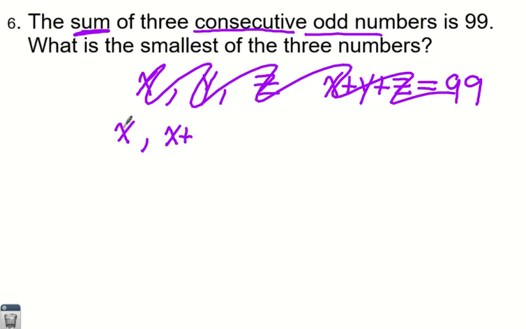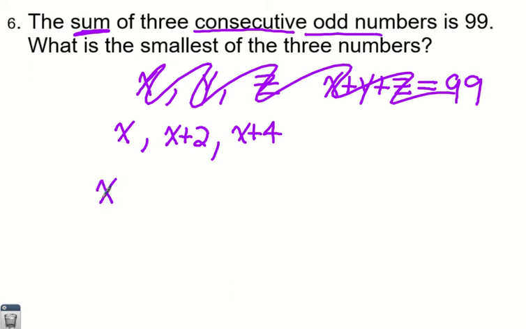If X is the first number, we could just say the next one is X plus 2. And then wouldn't the third number be X plus 2 plus 2? So X plus 4. See that? Think about it enough times and you'll understand it if you don't already. So instead of doing X, Y, and Z, I'm going to use X, X plus 2, and X plus 4 to represent our 3 unknown numbers.